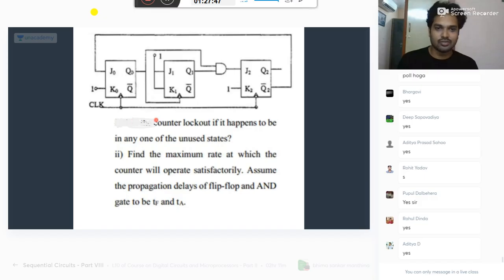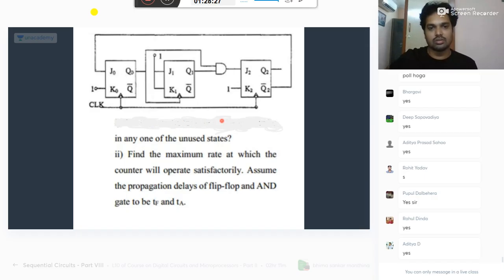Find the modulus of the counter is your job. If you are ready, just give me one thumbs up. I will start the poll.